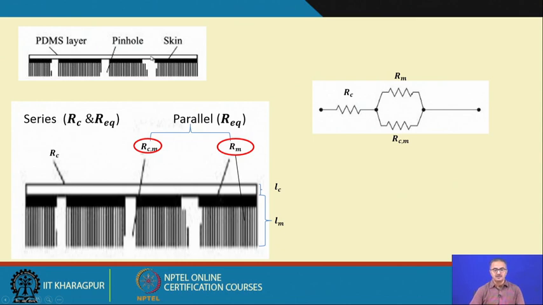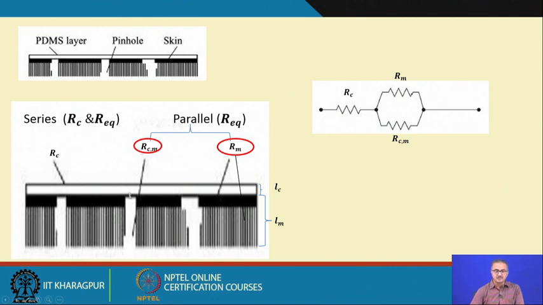So what we find is that whenever the permeation is occurring, one permeation is occurring through this and one is occurring through this. Now in this case, if we just magnify this thing, we find different resistances come into the picture. One resistance is due to the particular PDMS coating, and one resistance is coming through the membrane and this particular pinhole.